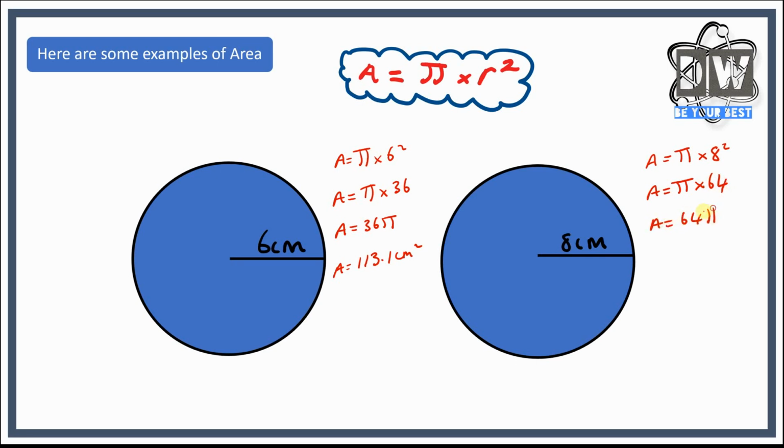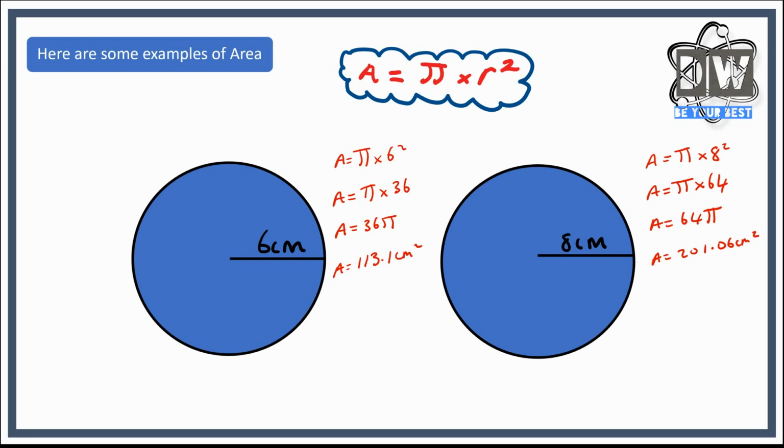And at this point, we go to our calculators and we type in 64 pi. And that equals area equals 201.06 centimeters squared. Just remember, it's always centimeters squared or meters squared or millimeters squared, whatever, but it's always squared. And always, unless asked, put your answers to 2 decimal places.